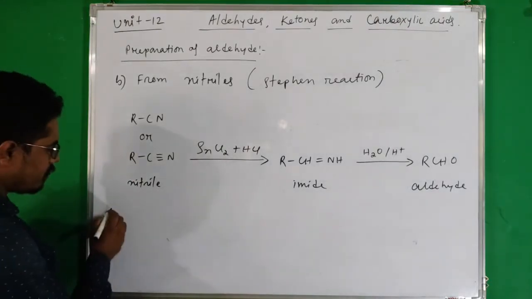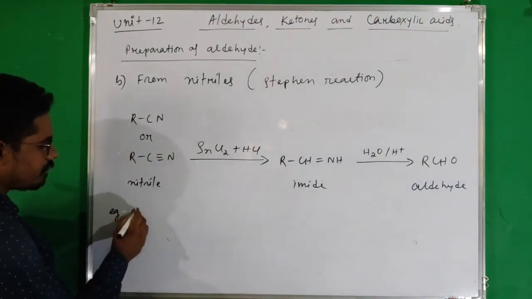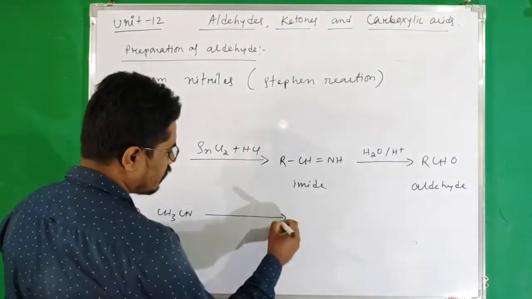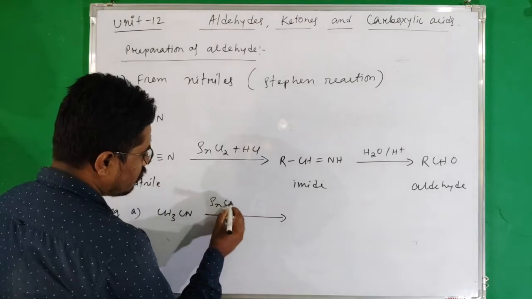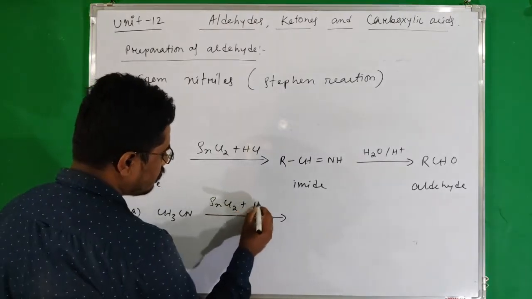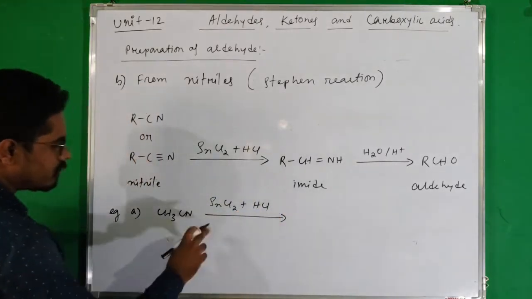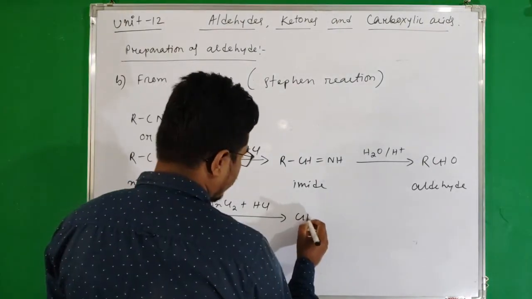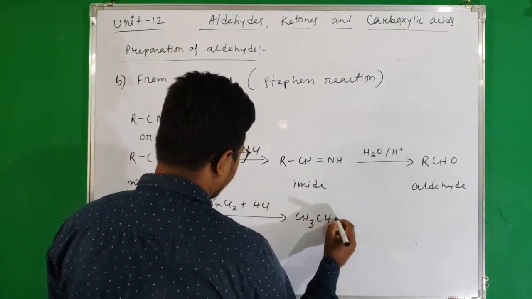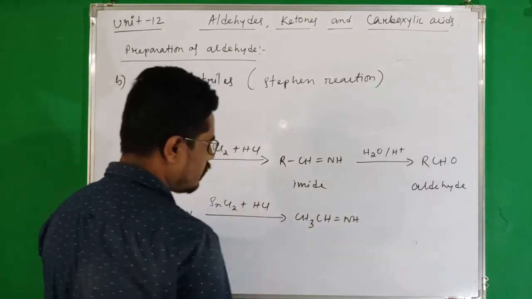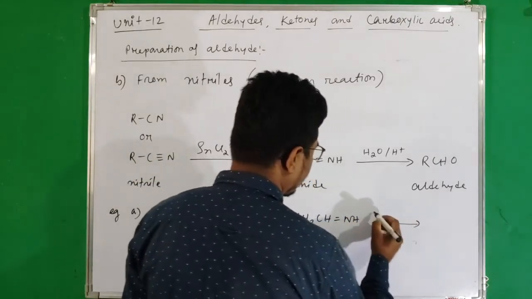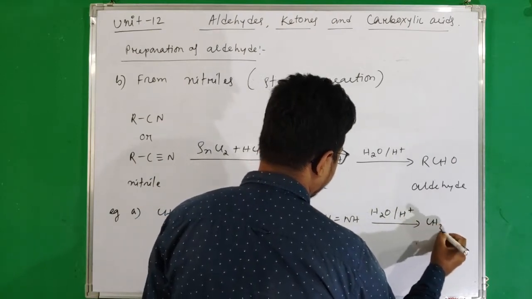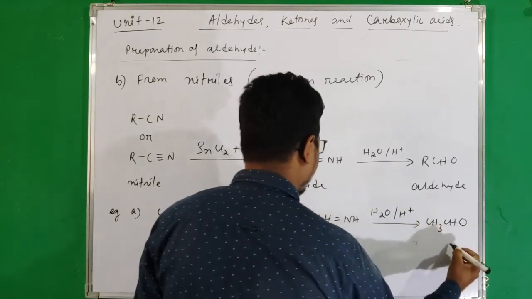Let us take one example. Suppose we have CH3CN. When we add SnCl2 in presence of HCl to this nitrile, the product is CH3CH double bond NH, and then after hydrolysis the final product is CH3CHO.